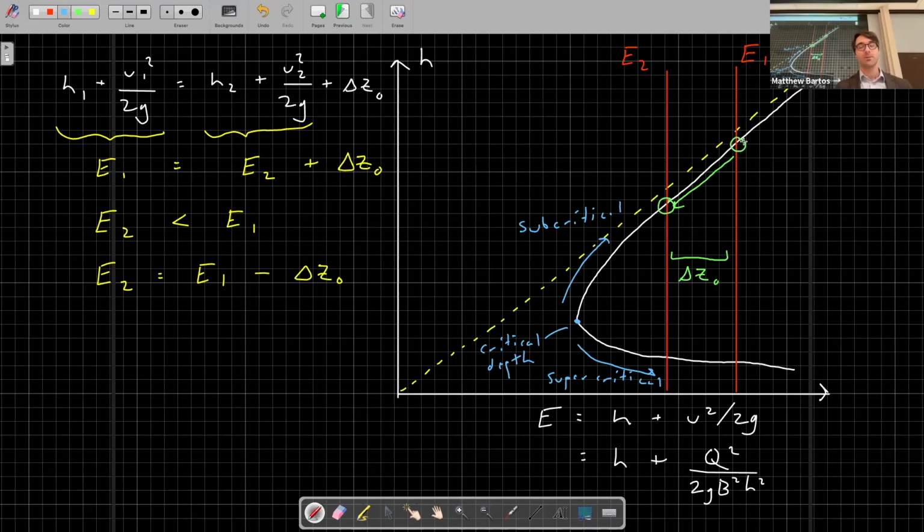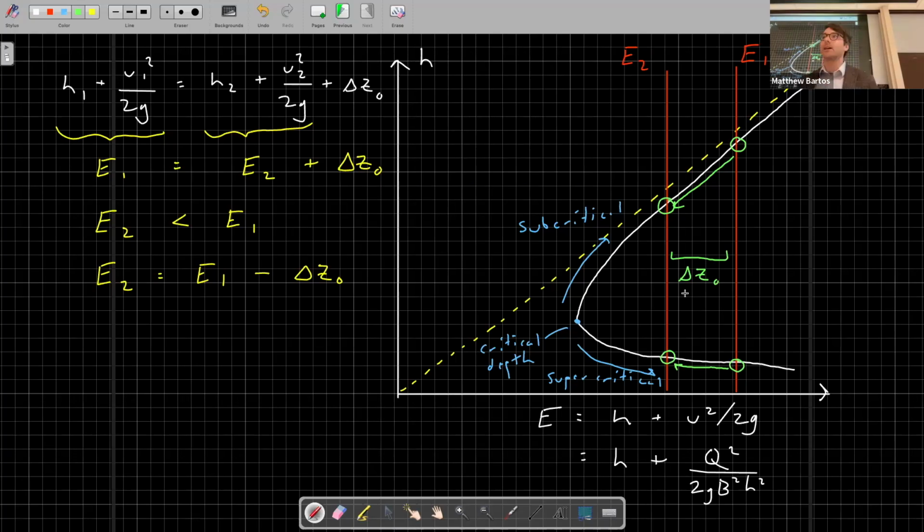So if we start subcritical, we move down this curve and end up here at the subcritical solution at the bump. If we start supercritical, we move along this curve and end up at the supercritical solution at the bump.